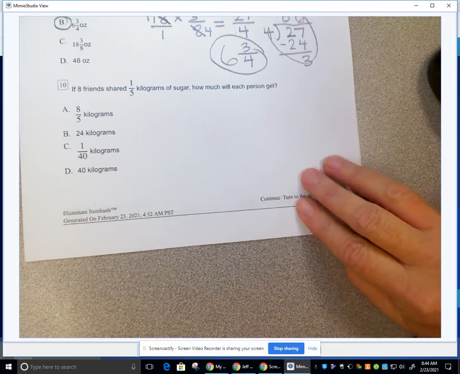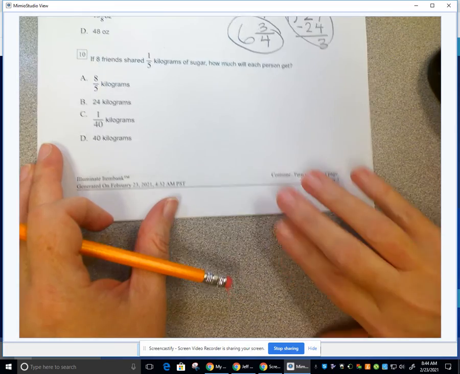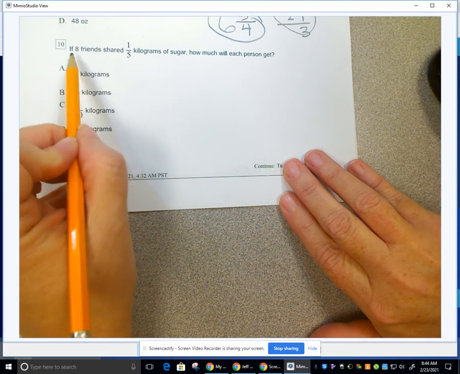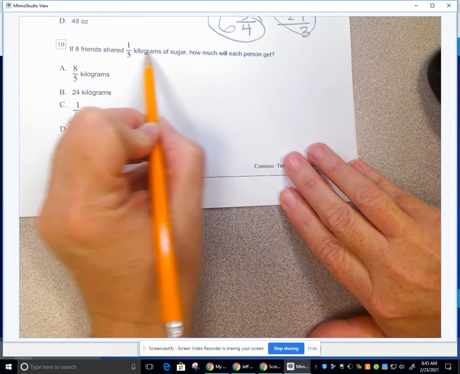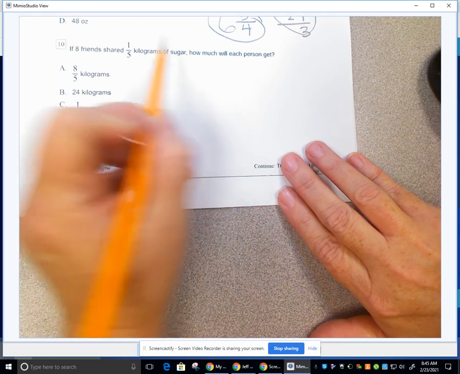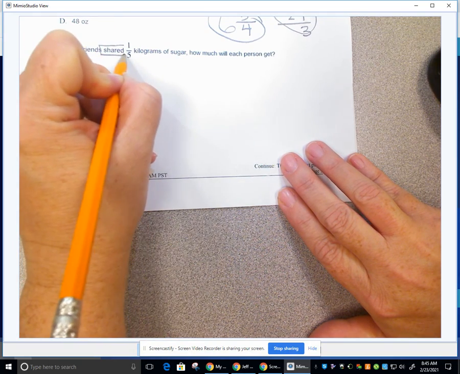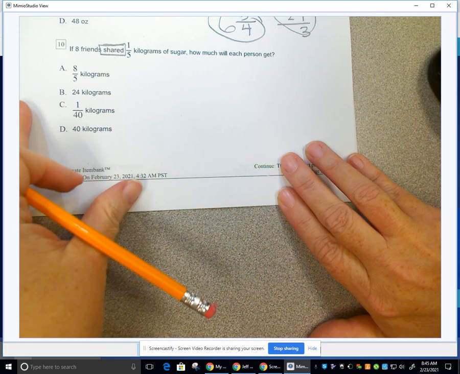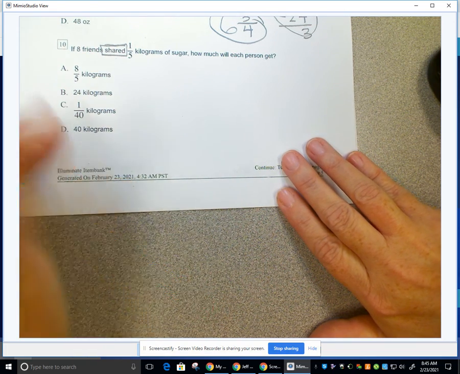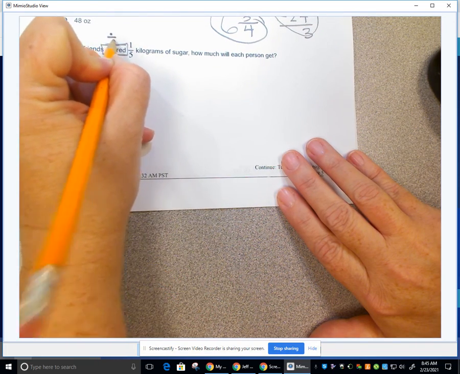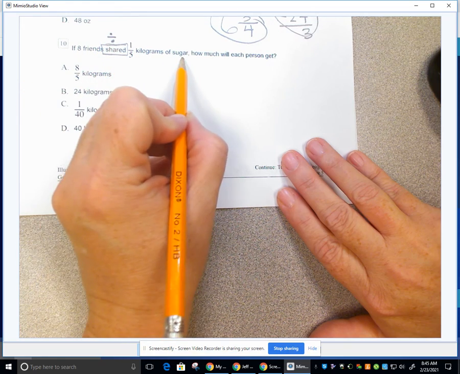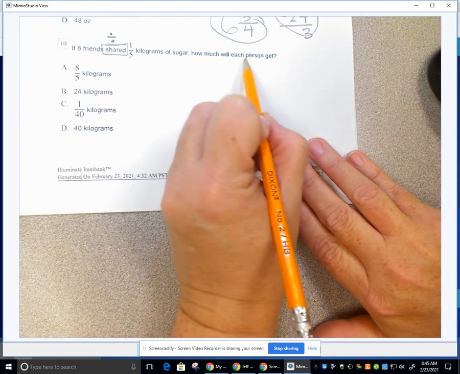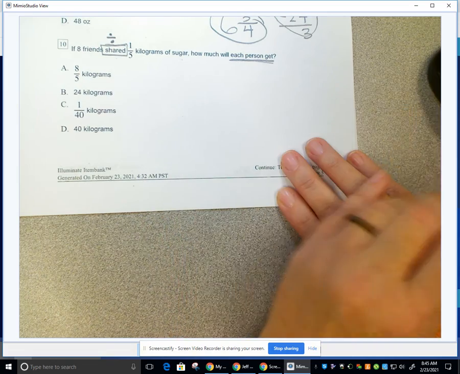Okay, let's look at 10. If 8 friends shared 1/5 kilogram of sugar, so we got some sharing going on. Think about what operation we use when we share something? We divide. 8 friends shared 1/5 kilogram of sugar. How much will each person get?